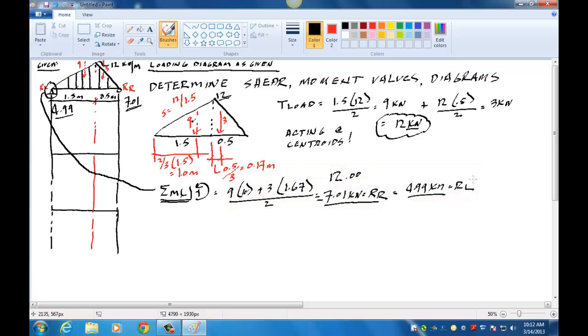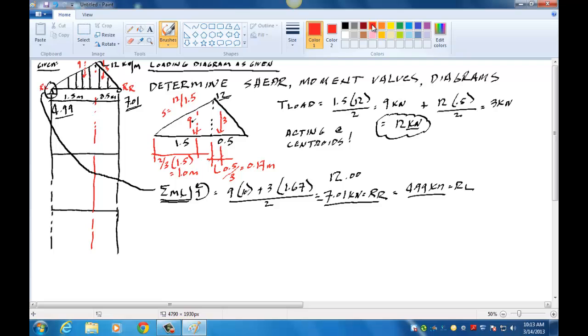Let's see if we can get the shape of this thing. Recalling, I'll sketch it before we do any calculations, and it looks like this. We know that the shear is increasing from left to right.